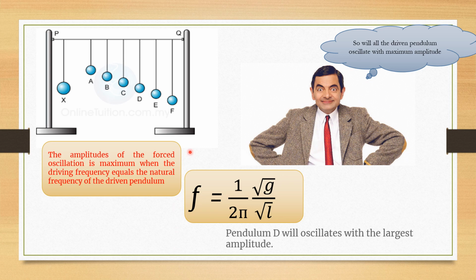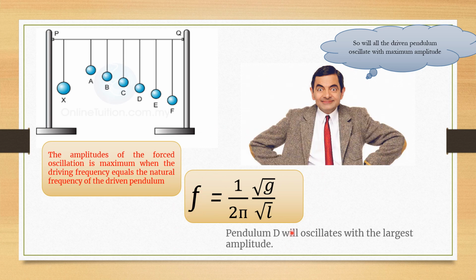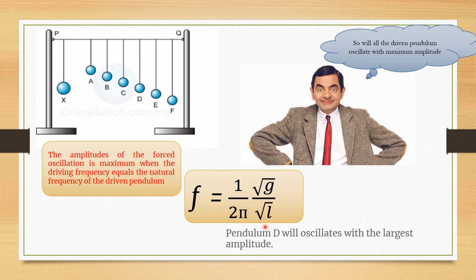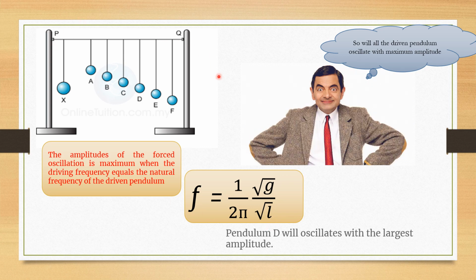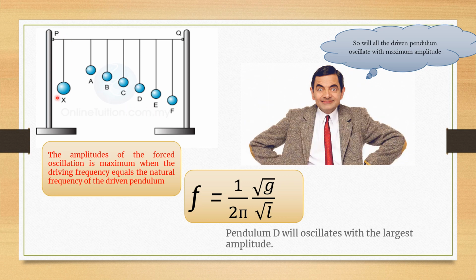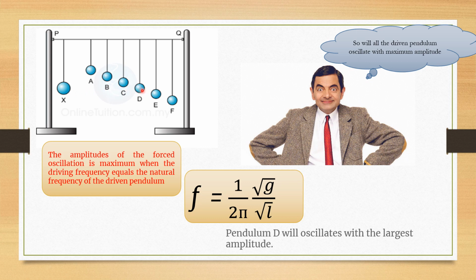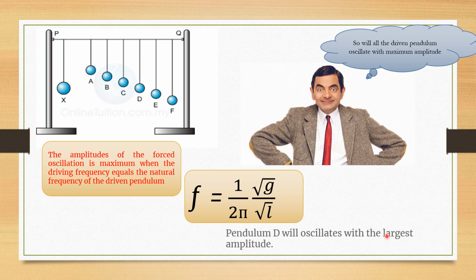And the frequency of a pendulum is related to its length. So length matters. The one which has the same length as X will be the driven pendulum, which is D. Therefore pendulum D will oscillate with the largest amplitude.